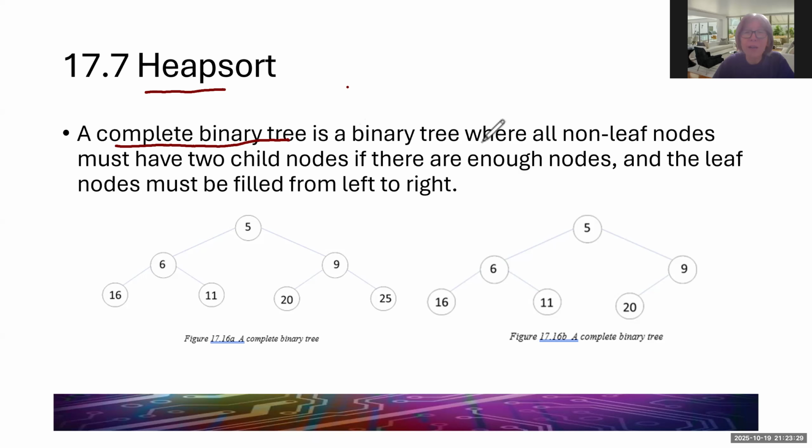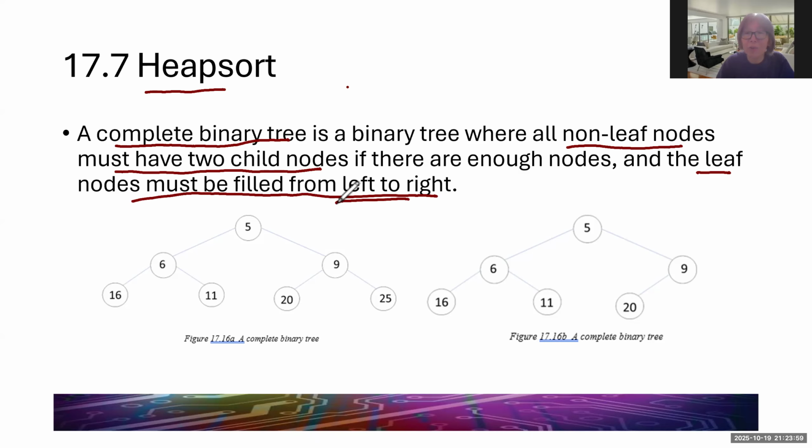It's a binary tree where all non-leaf nodes must have two child nodes. Of course, if there are enough nodes; we will see the case that just has one child node. But there is another requirement: the leaf nodes must be filled from left to right.